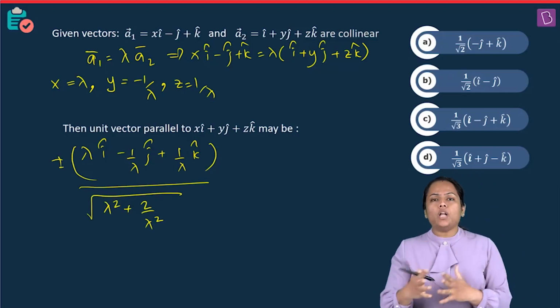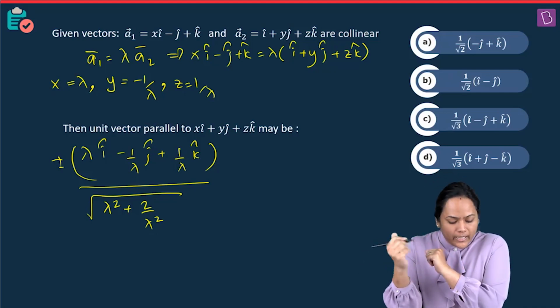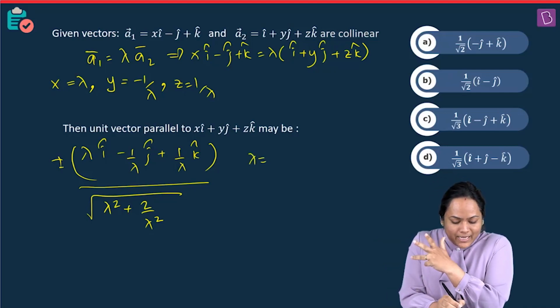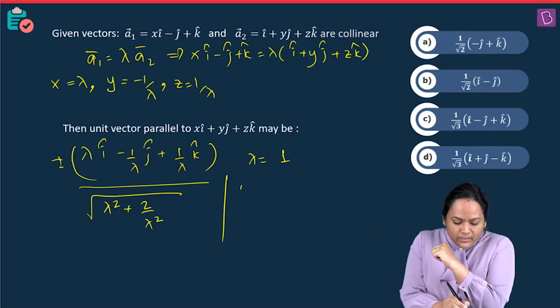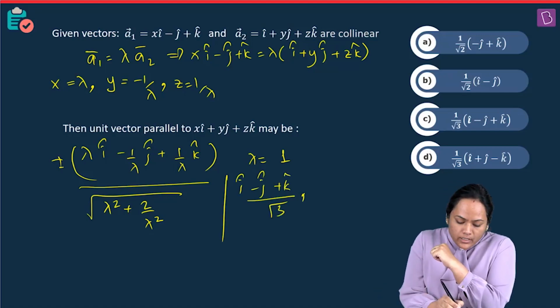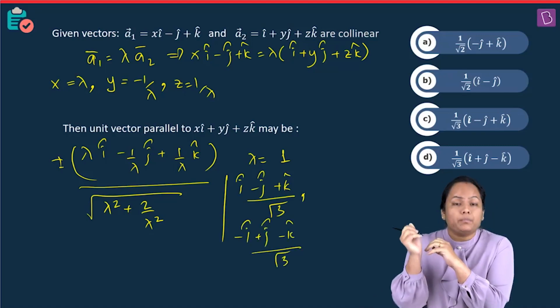So what all possible values of lambda can I have to get the parallel vector? Well, I can put my lambda, let's say, as 1. So when I put my lambda as 1, I'm going to get the vector as i cap minus j cap plus k cap divided by root 3, or the entire negative of that is minus i cap plus j cap minus k cap divided by root 3.